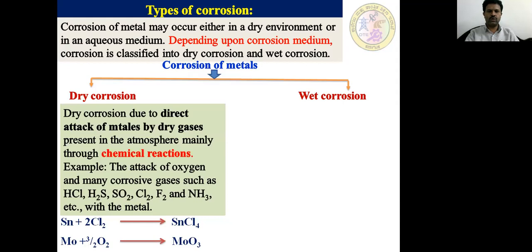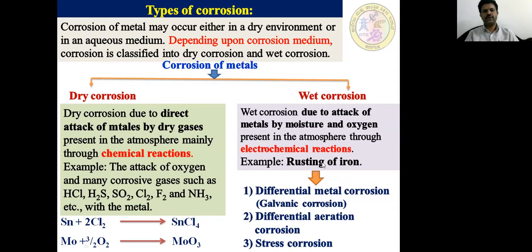So let's go through wet corrosion next. Wet corrosion is due to attack of metals by moisture and oxygen. Mainly moisture is compulsory, moisture and oxygen, because it is the wet moisture present in the atmosphere. Dry corrosion occurs through chemical reactions, whereas wet corrosion occurs through electrochemical reactions.